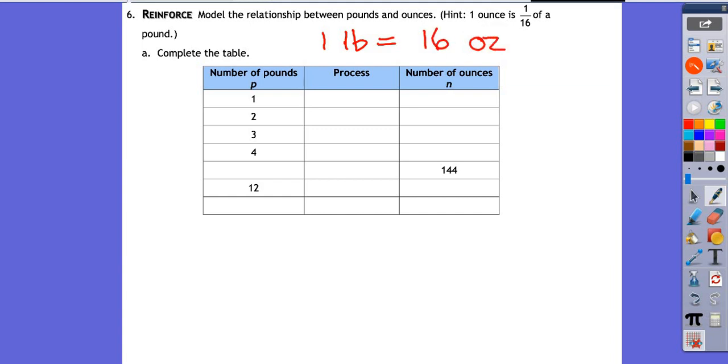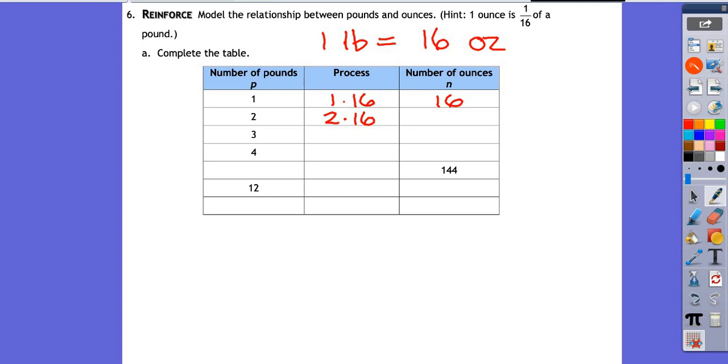I could say it either way. So filling in my chart, if I have 1 pound, how many ounces do I have? 16. What is my process to get that answer? 1 times 16. The process for 2 pounds would be 2 times 16.